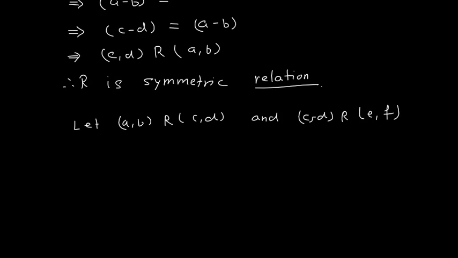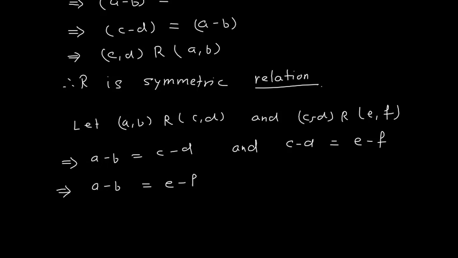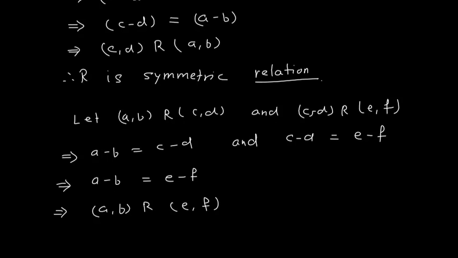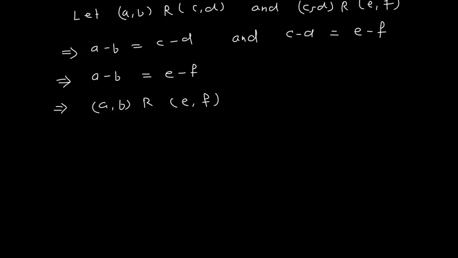So (A, B) related with (C, D) implies that A minus B equals C minus D, and (C, D) related with (E, F) implies that C minus D equals E minus F. So as A minus B equals C minus D and C minus D equals E minus F, we can say that A minus B is equal to E minus F. This implies that (A, B) is related with (E, F).